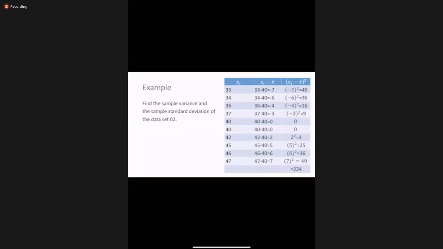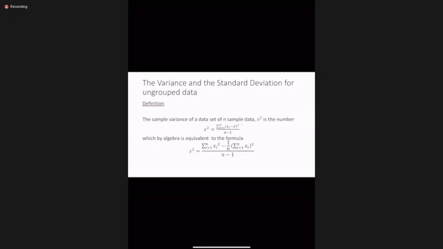So we have this data set. If you can remember, these are the data which were in data set 2 in the previous example, right? If we have this type of data list, this is how we can find their variance or standard deviation, right? So we had two formulae. We can use this formula.